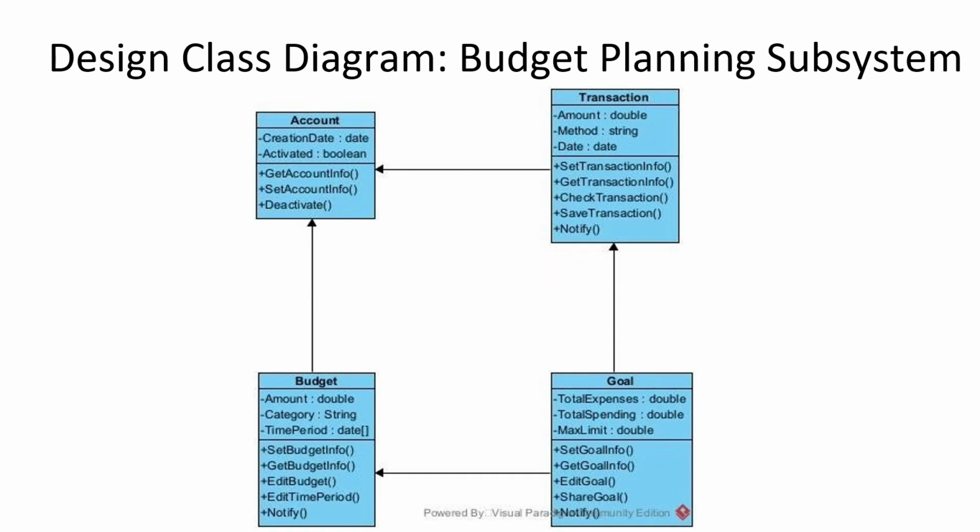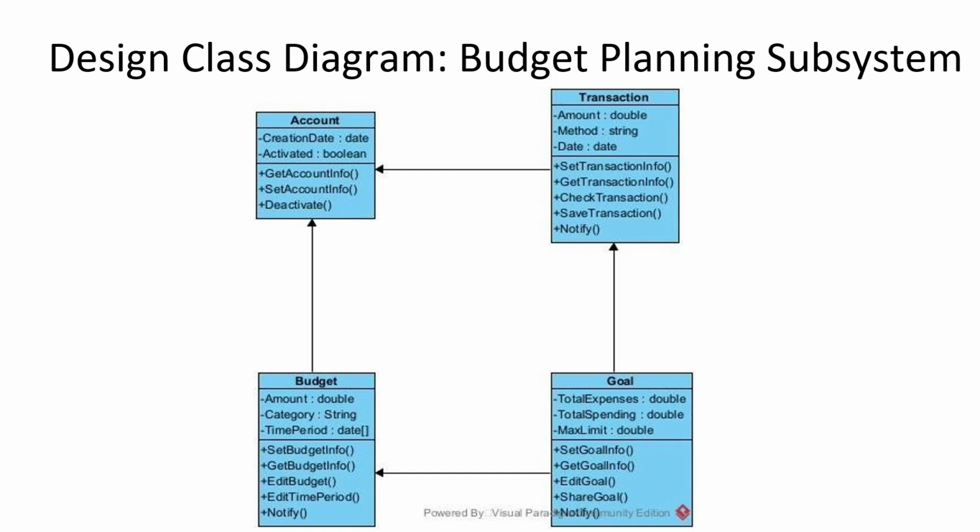In the transaction class, we used amount and method, which is either credit or debit, and date, on which date they have paid. And moving to the budget, we have amount, category, whether it is for rent or for groceries, and time period, whether it is for a month or for a week, etc.